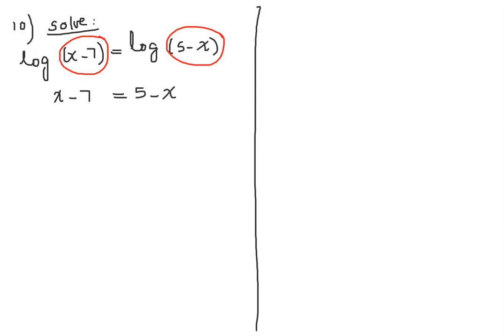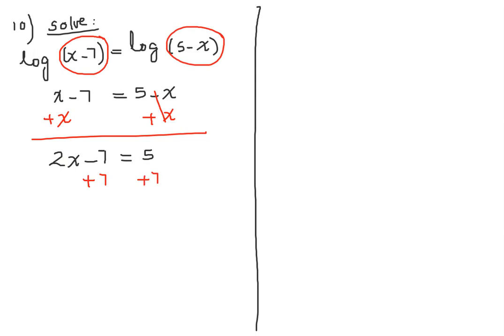So let's solve for x. So add x both sides. And add 7. And divide by 2, which gives x equal to 6.